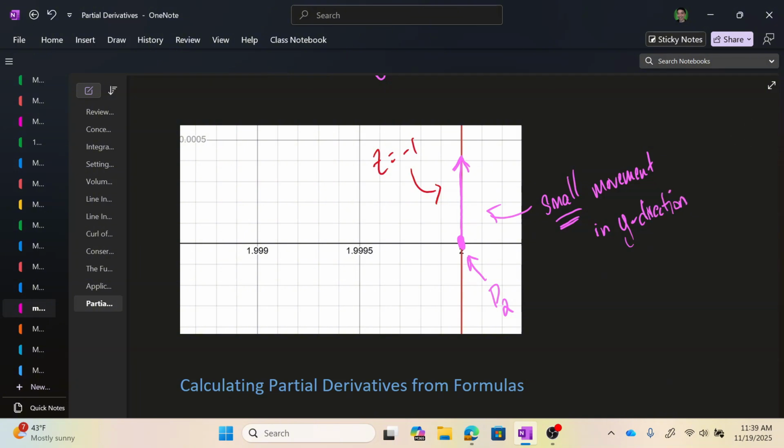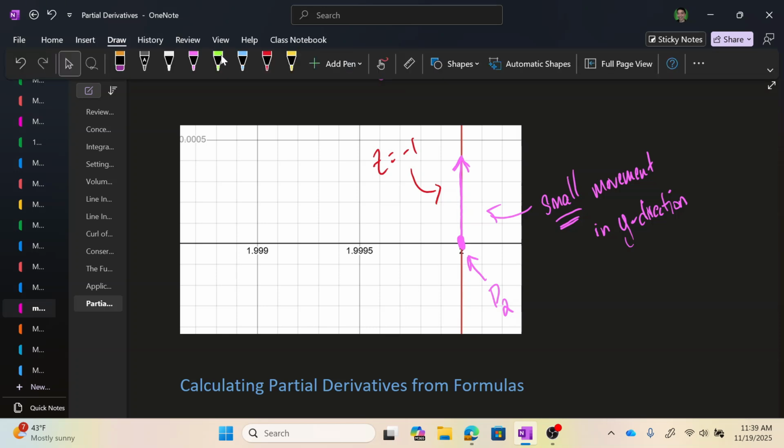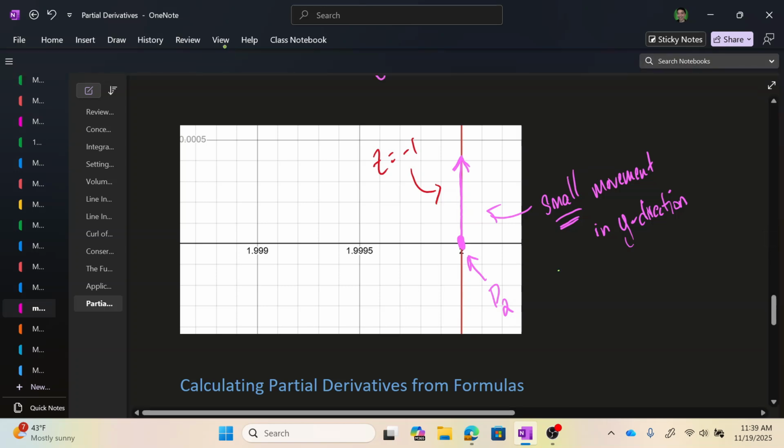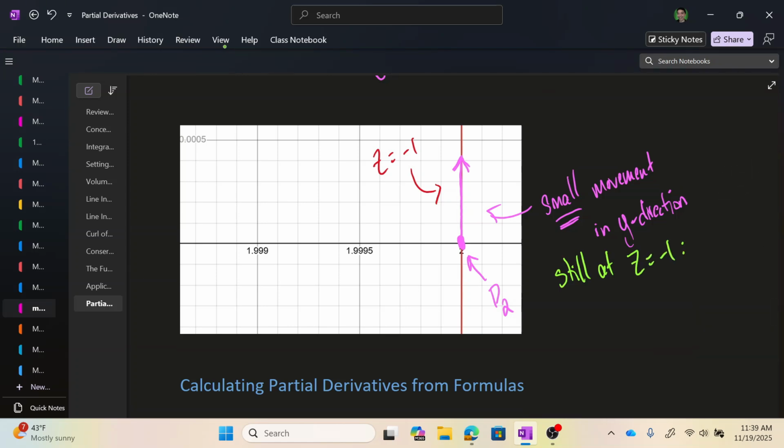If I move a very small amount from the point P2 in the y direction, I'm still basically on the same z equals -1 level curve that I was on at the start. Because I zoomed in so much to reflect an extremely small movement in the y direction, that z equals -1 level curve completely straightened out and became a perfect vertical line. So I see that I'm still at z equals -1, so there's no change in the z values.